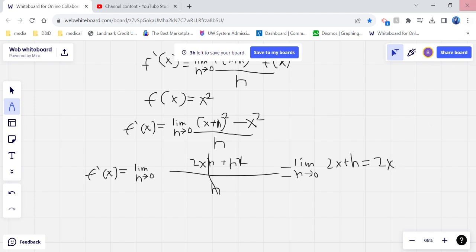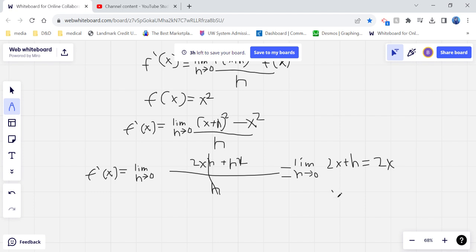So this function, 2x, is the function of the derivative, f prime of x. And what this function tells us is that for any value of x, 2x will be the slope at that point on f of x.